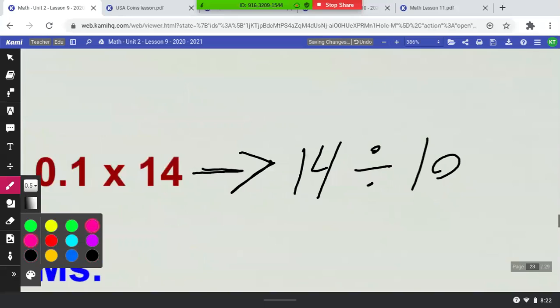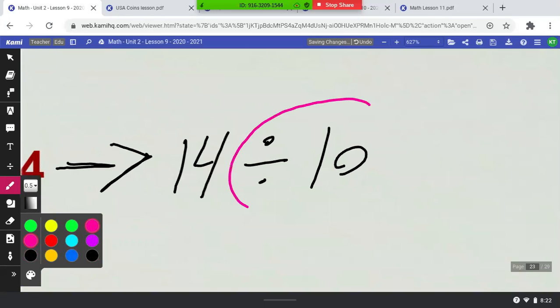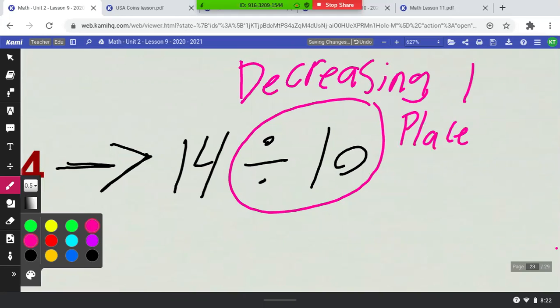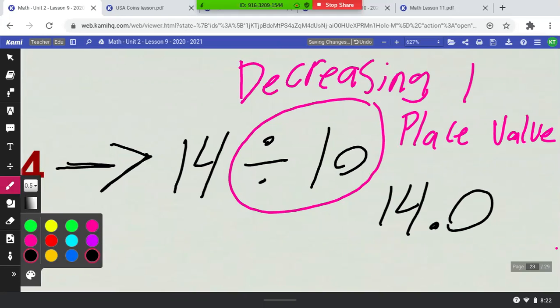When I'm dividing by 10, I'm decreasing one place value. So 14, I'm decreasing one place value. Am I going to move my decimal point over here? No, because that would make it 140.